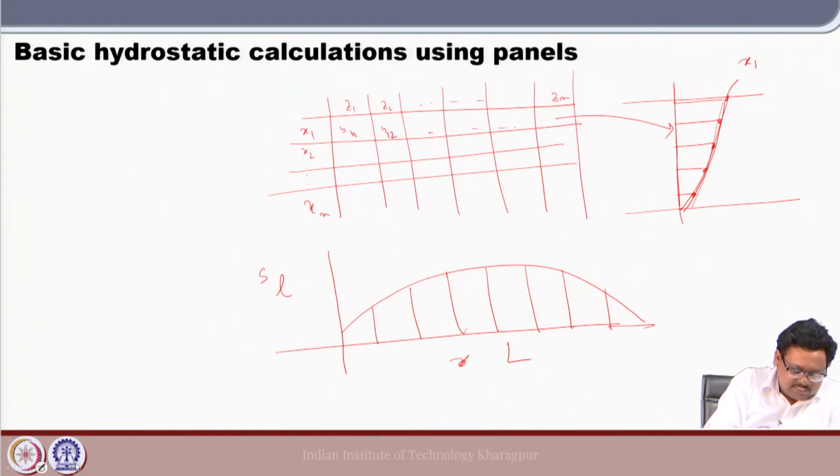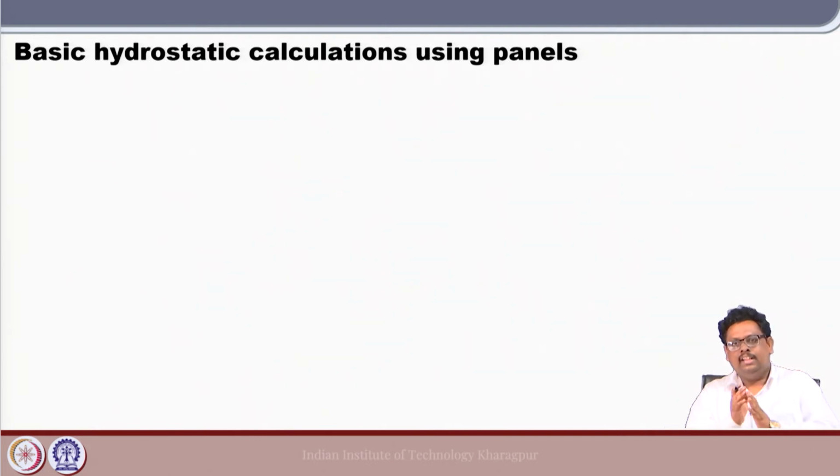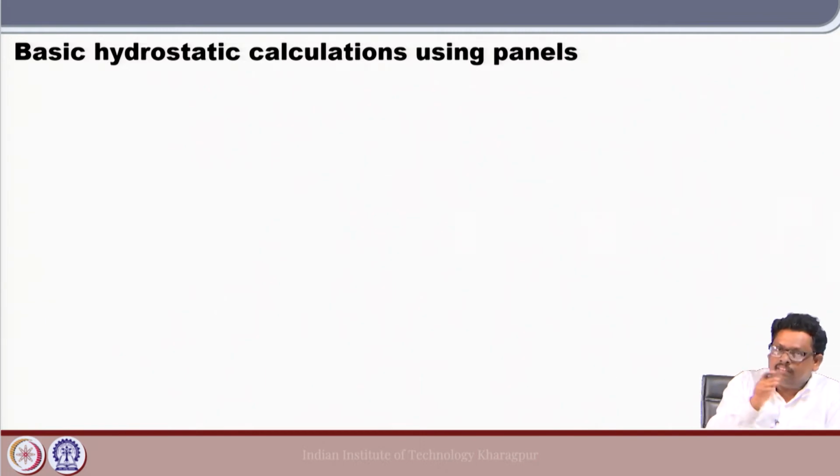But this is all fine when you do not have the panels. Now fortunately we have panels, so the whole exercise becomes very easy. How? Let us see. Now again I am drawing the same simple shape for clarity.